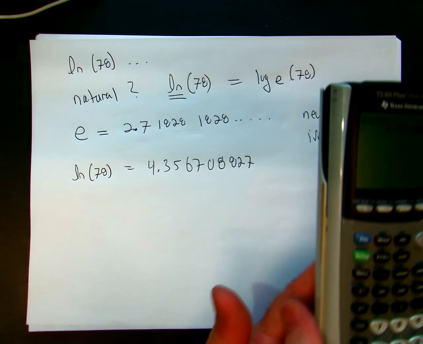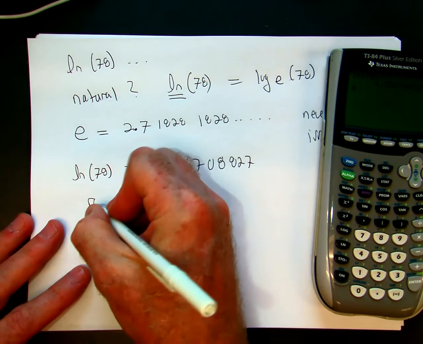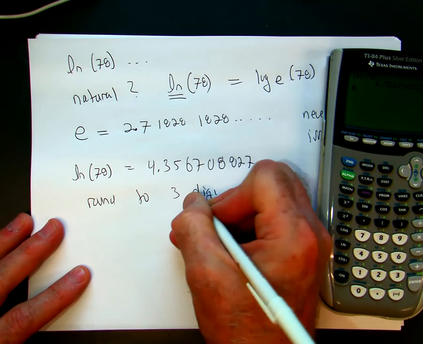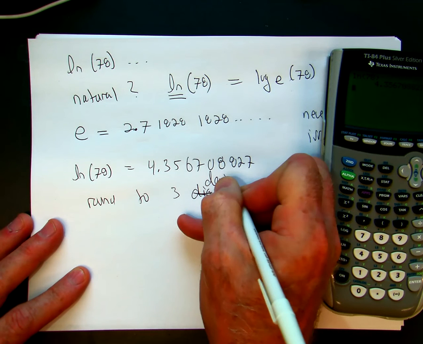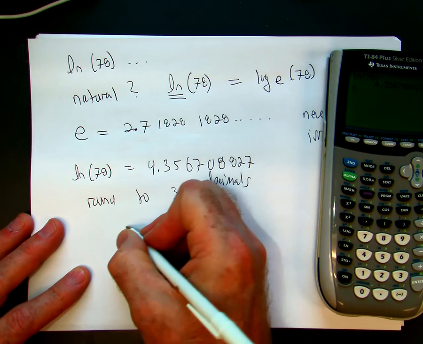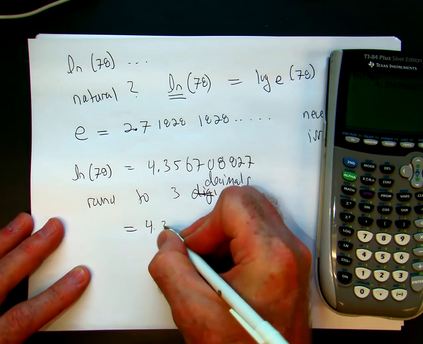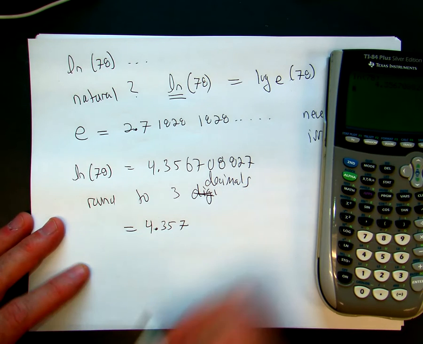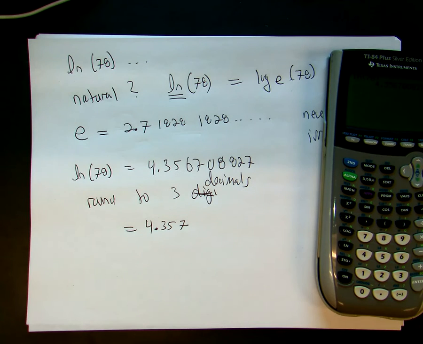So generally what we're going to do is we're going to round to 3 decimals. So when you have to write down a log for a problem or something, just use 3 decimals. So that's how we're going to think about this. Now that's just an approximation, of course, but I don't want you to write down all that.